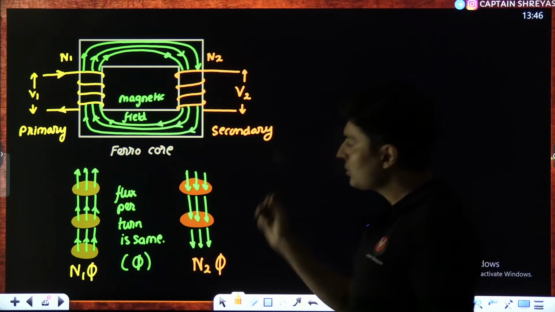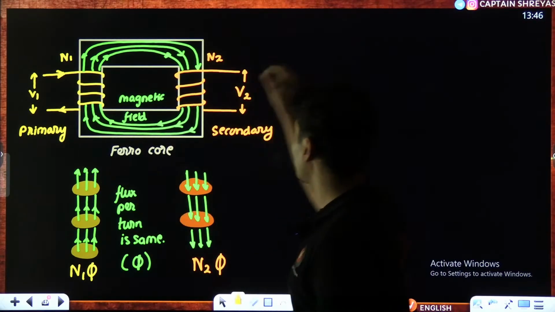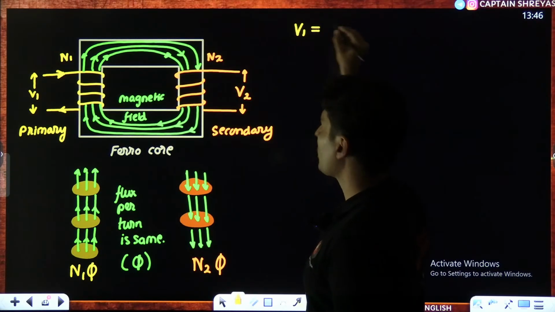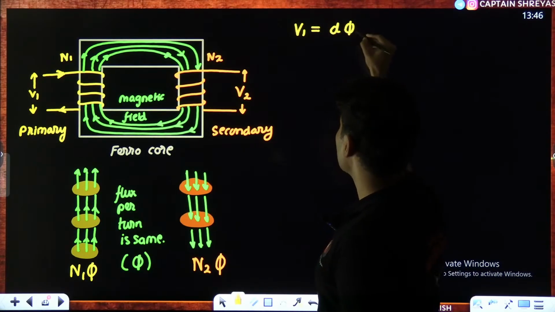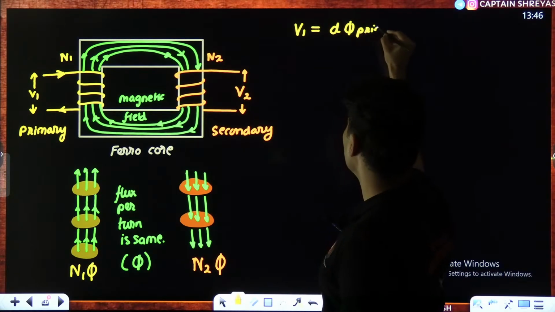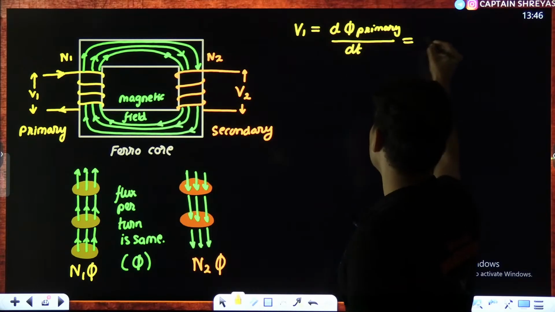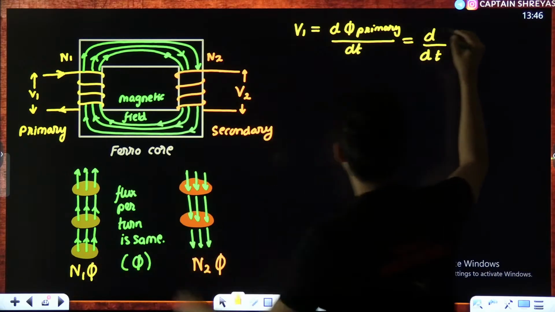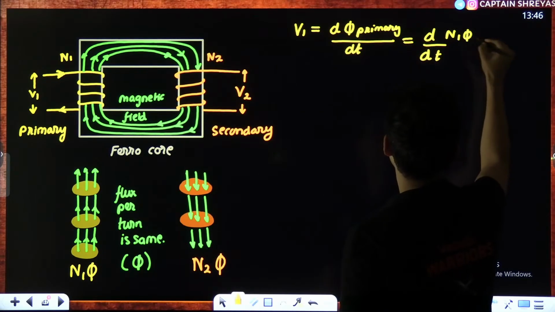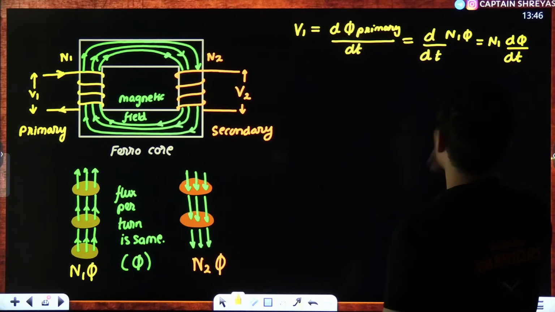Very good. So now if I calculate this voltage on the primary side, this V1, won't it be the rate of change of the flux on the primary side with respect to time? The flux on the primary side is N1 phi, so it will be N1 d phi by dt.